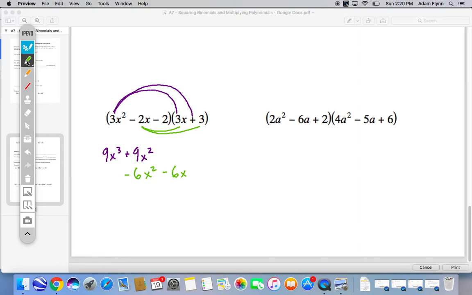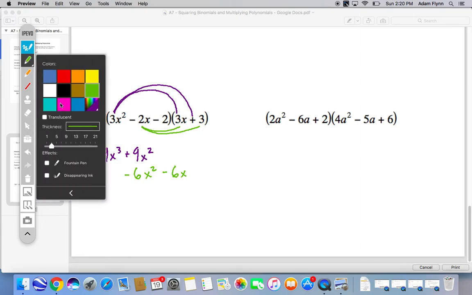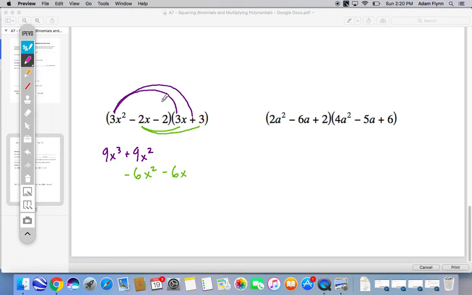So now I'll change colors again. We have one more term to take care of. So we have this negative 2 that we also need to multiply by 3x and 3. So negative 2 times 3x is negative 6x. And negative 2 times positive 3 is negative 6.